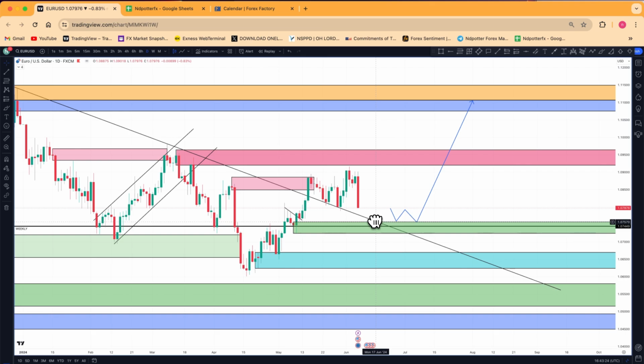But I doubt that is going to happen, because this past week that just finished, we see that they added more to their long and they reduced their short position. So that's telling me that they are building a strong buying position. So I'm expecting this market, once it gets here, to start seeing a buying momentum kicking in.